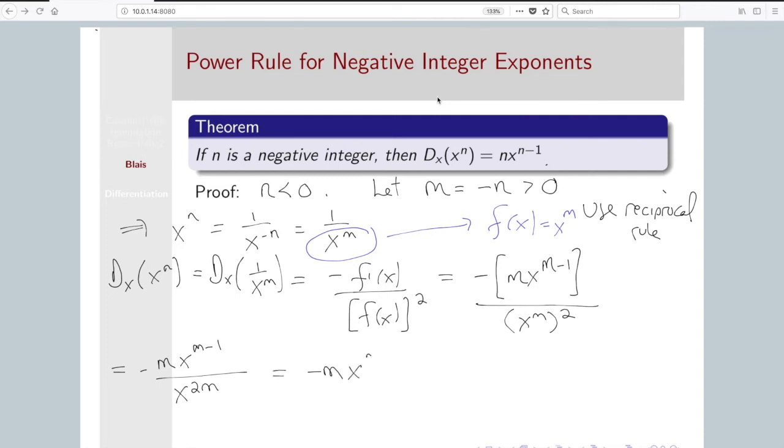And remember your rules for exponents. We can now bring this x into the numerator, and we get an x to the minus 2m. But now these are the same base, so we can add the exponents. So this is minus m, and we add the exponents. So we have m minus 2m, which is minus m, and x to the minus m, and that minus 1 is still there.